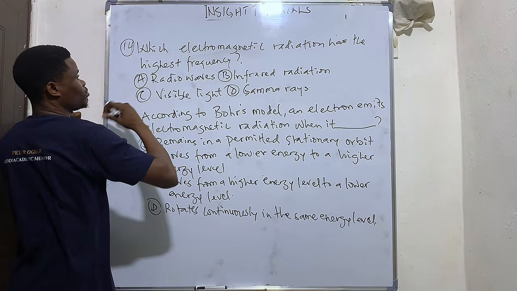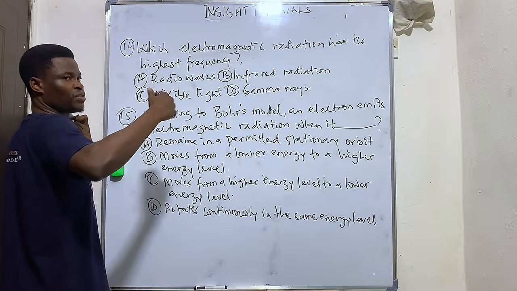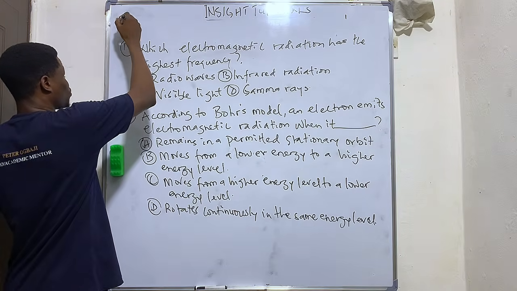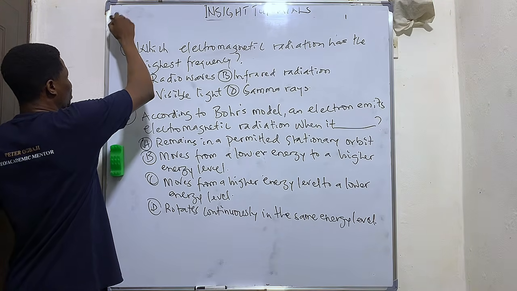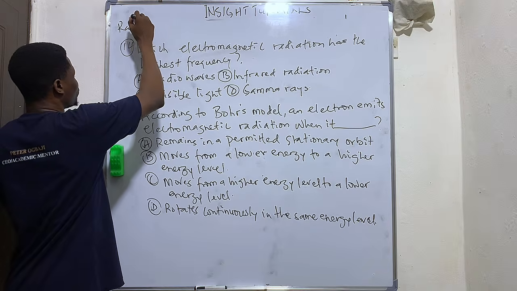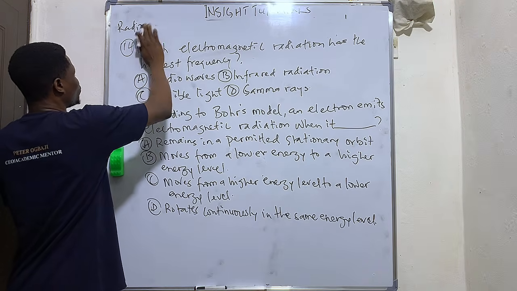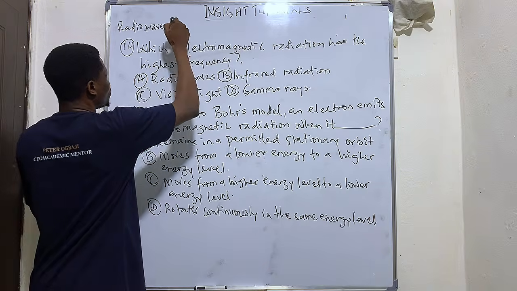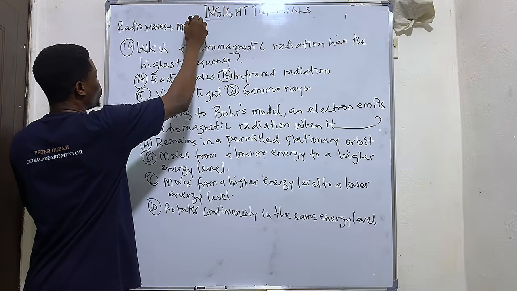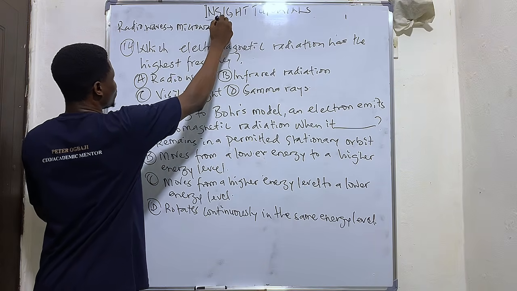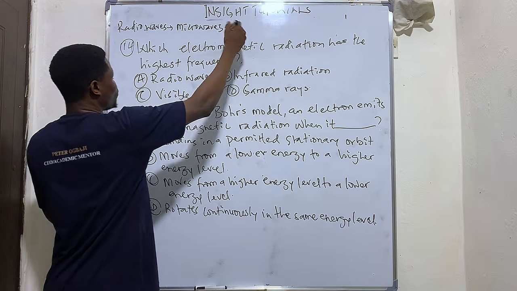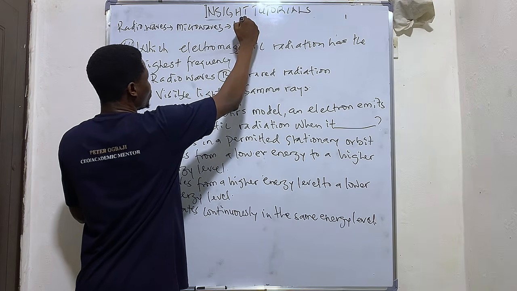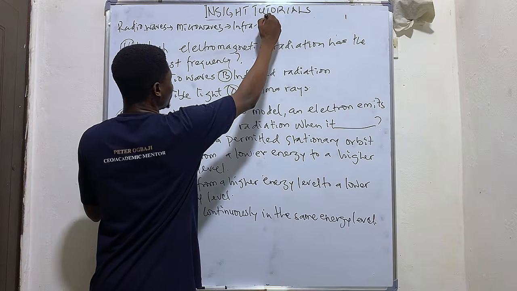So I'm going to make a space here to write something very important. In terms of increasing frequency, first we have radio waves. Radio wave increases into what they call microwaves, then we go into the infrared.